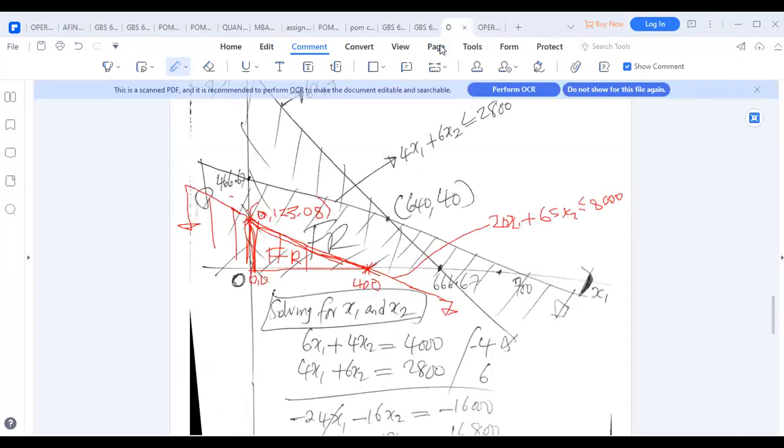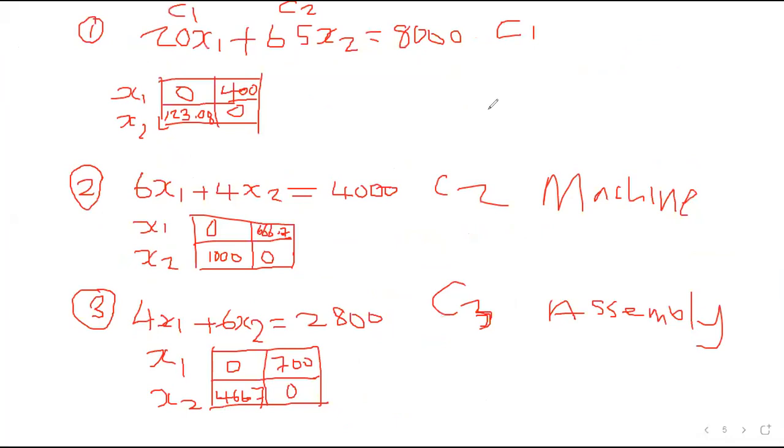So what is important is just to understand how to draw the graph. We draw the graph using the table of values. For each constraint, we are supposed to substitute to get the table of values when graphing, and then we find the feasible region. So these were table of values.